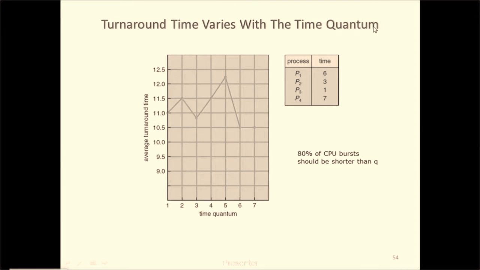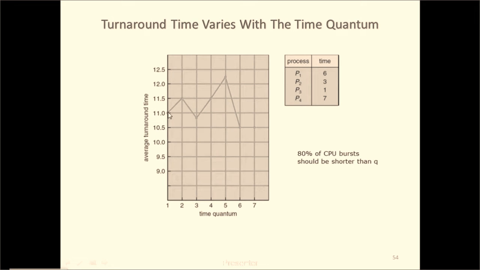This is the graph of average turnaround time versus time quantum. So the algorithm performance will differ with time quantum.